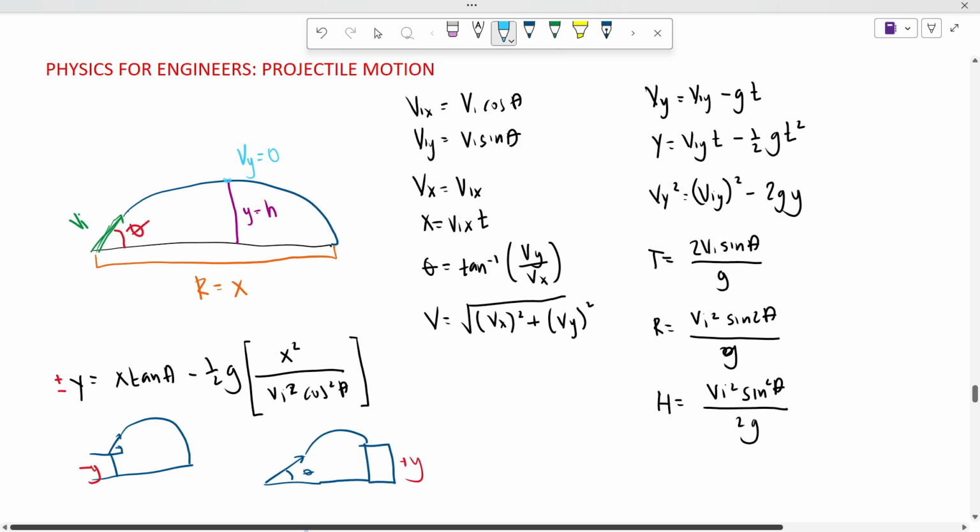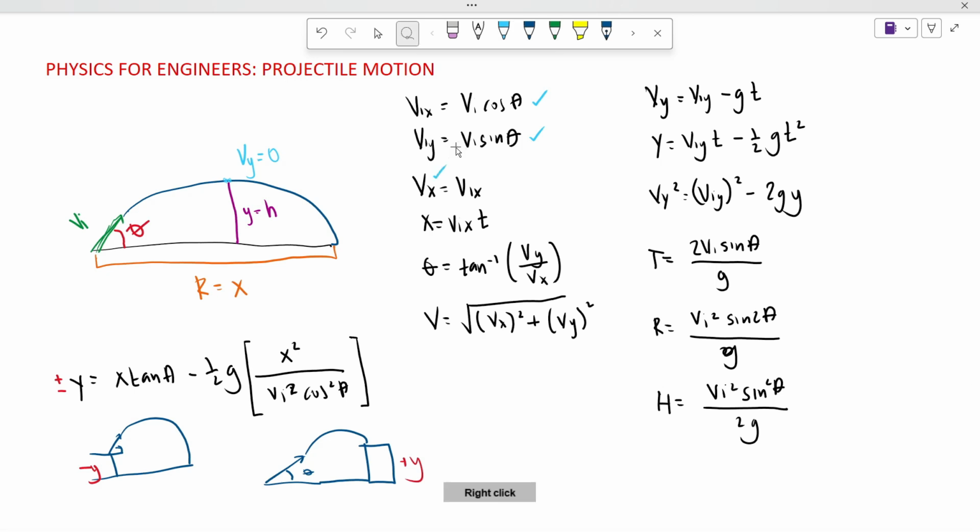So, the Vix, the initial velocity along the x-axis, along the horizontal motion, is equals to Vi cosine theta. And along the vertical motion is Vi sine theta, while the Vx is the final velocity along the horizontal motion, which is equals only sa Vix, which is Vi cosine theta.